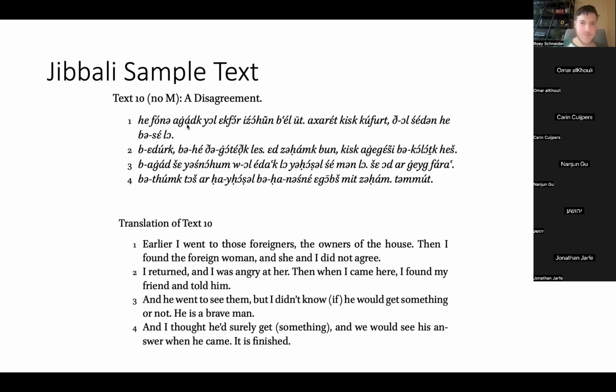so aradk is a verb. It means to go, but at a certain time of day. In all modern South Arabian languages, it is really important when you say you went somewhere or came somewhere, at which time of day it was. And there's a different verb for each time of day.